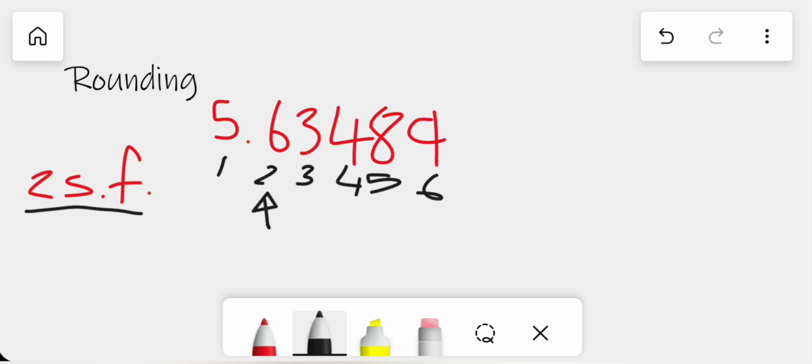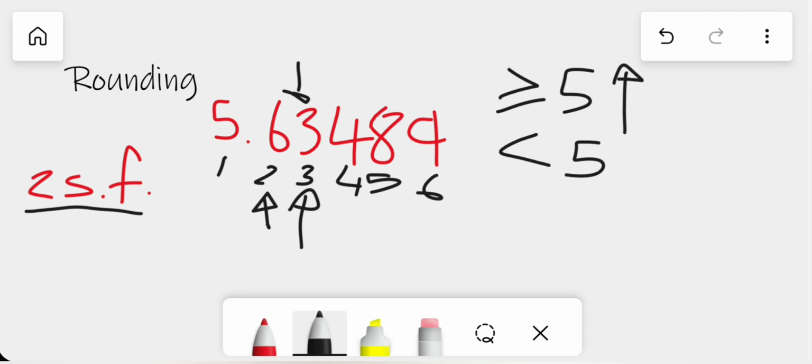Now we need to check the indicator, which will be the next number to the right, which is the 3. This 3 right here. Now, the rounding principle states that if it's greater than or equal to 5, then we will round up. And if it's less than 5, we'd round down. Round down meaning cut it off.